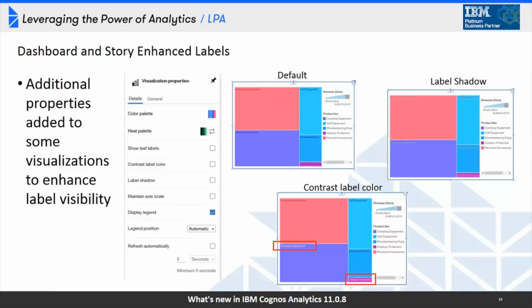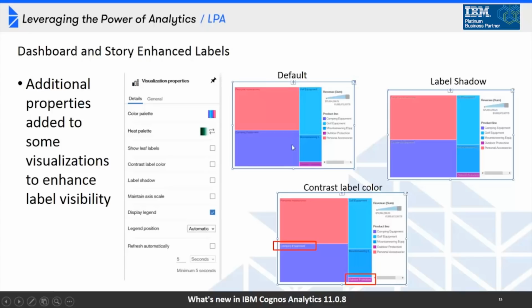So in an attempt to continue to improve the visual appeal of the visualizations that you can create, more properties have been added to property sheets specific to the labels. And it would be the contrast label color property and the label shadow property.